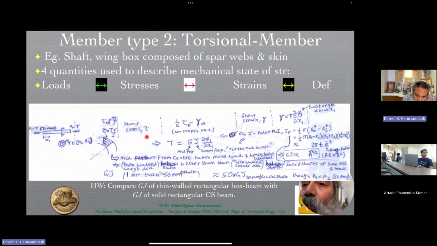And that tau will have the subscripts 1 theta because it's acting on the cross section. So this is the shaft. Then you see that x1 is along the length of the shaft, and therefore the cross section on which the shear stress acts is perpendicular to the x1 direction. So the first subscript is 1. And it's something which is counteracting the torque, essentially creating a shear stress which is along the circumferential direction, which is why we introduced this theta.